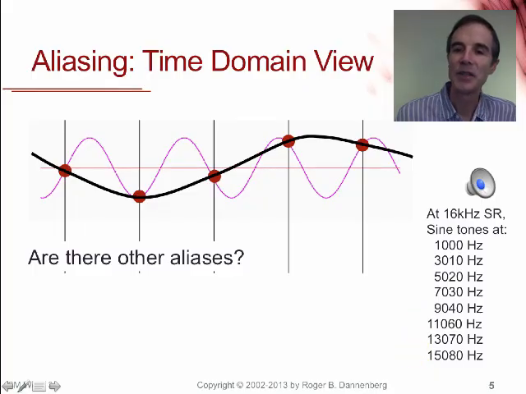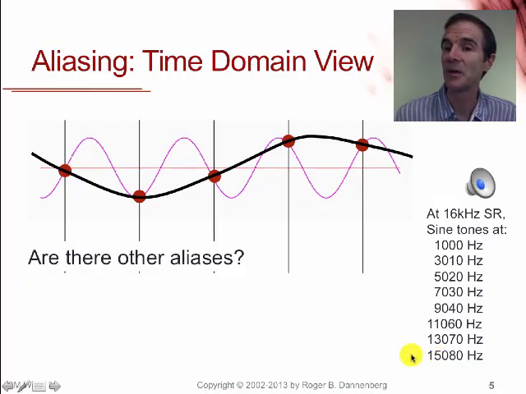So isn't that interesting? As the frequencies of the sine tones are going up, what you hear is actually coming back down. So what you're hearing are aliases. So instead of hearing a 15 kilohertz tone, you're hearing 16 minus 15, which happens to be an alias.